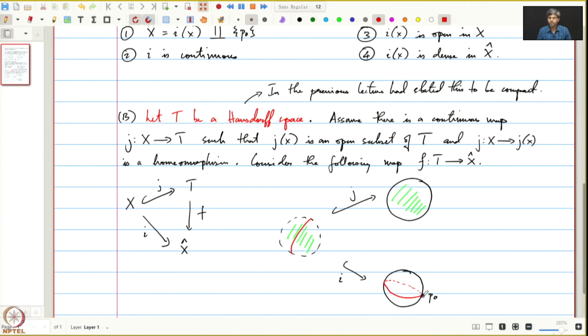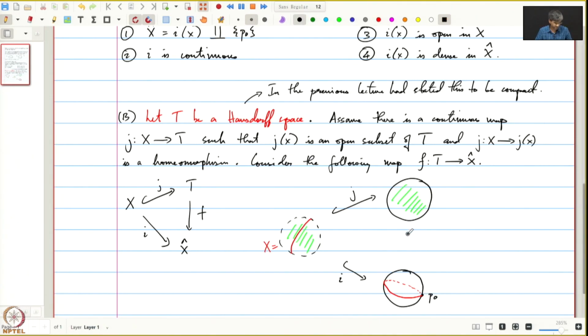All the points at infinity, all these boundary points, everything towards the boundary is going to get collapsed to P naught. As we move further and further away, towards the boundary of X, all those points are going to get collapsed to P naught.